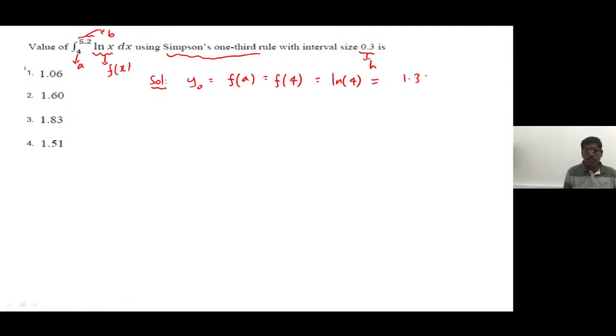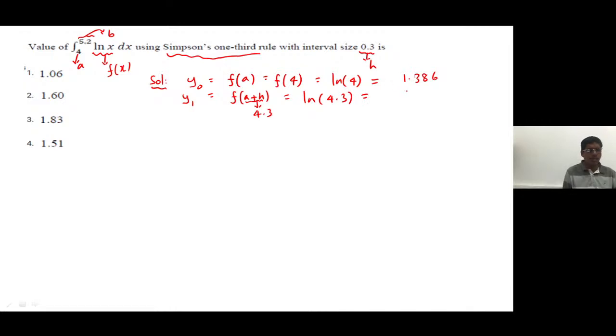y0 is approximately 1.386. Next, ordinate value y1 is equal to f of a plus h. What is the a plus h value? That is 4 plus 0.3, 4.3. So it is log of 4.3. Open the calculator if you have one and calculate.